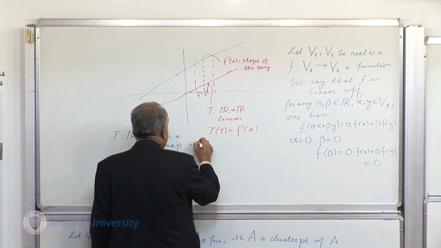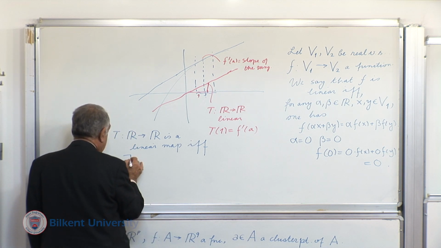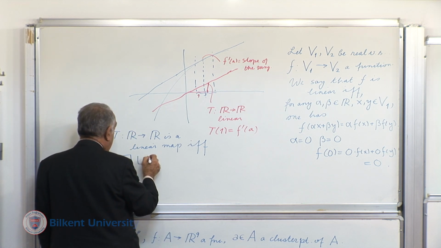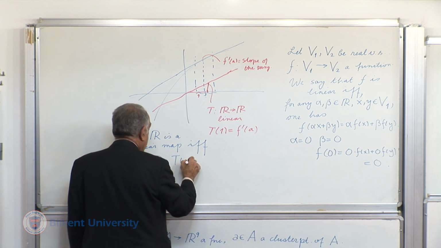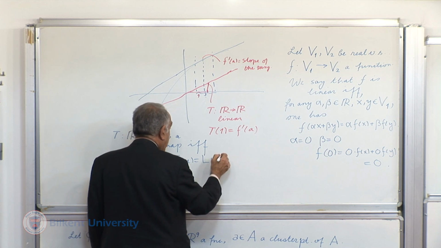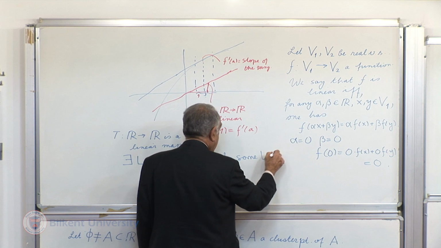T is a linear map if and only if there exists some L in R such that T of u is equal to L times u.